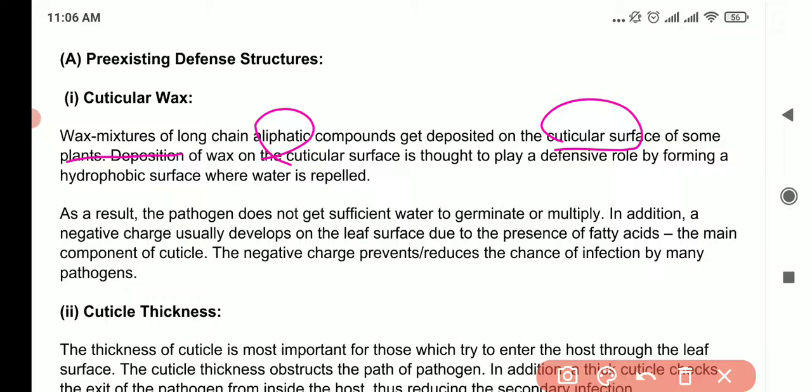The water doesn't stay on wax. Remember, fungus needs water to germinate. So if there's no water on the leaf surface, the fungus cannot germinate. So the pathogen cannot get sufficient water to germinate or multiply.